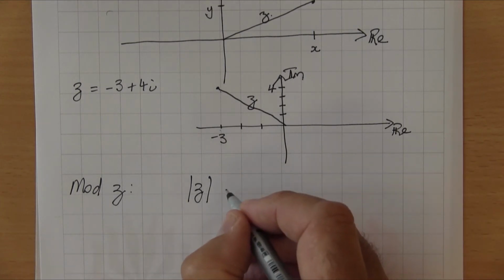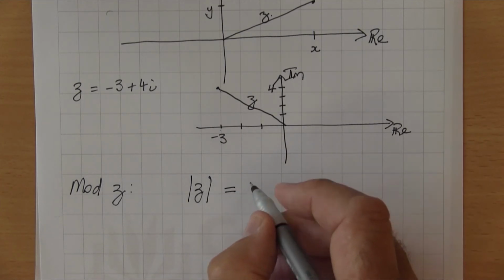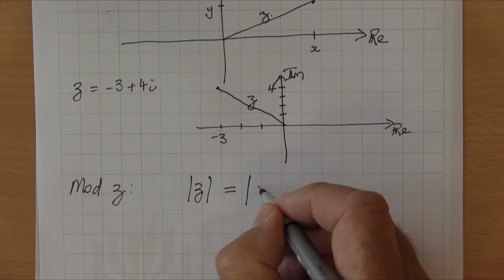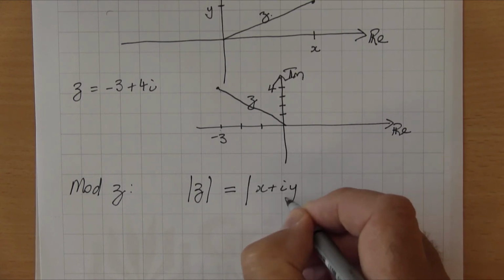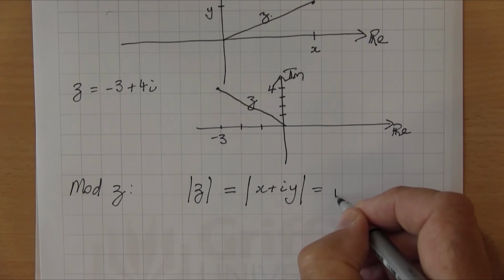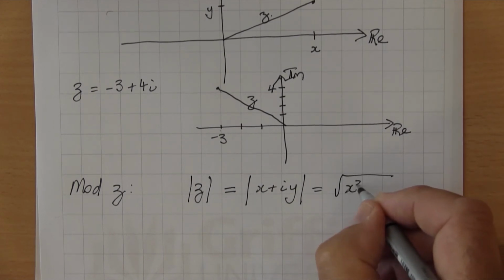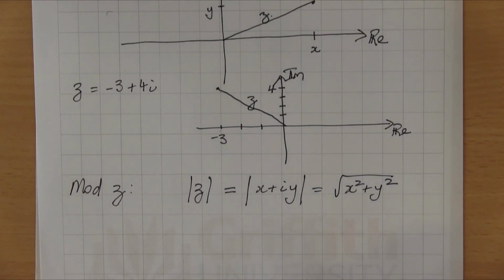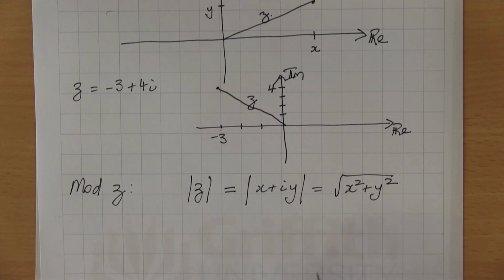And mod z is simply the modulus of x plus iy, and by definition it's the square root of x squared plus y squared. So mod z is simply the square root of the real squared plus the imaginary squared.